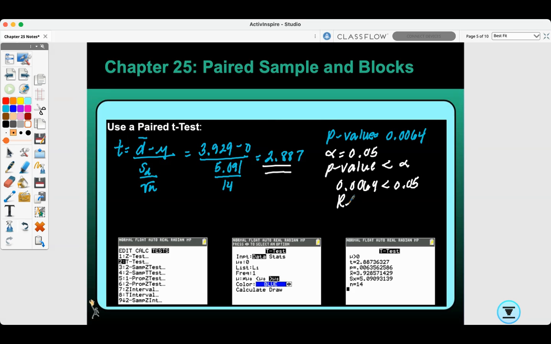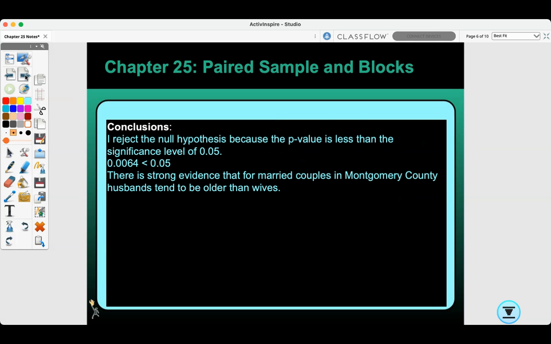So I would reject my null hypothesis. My conclusion would be I reject the null hypothesis because the p-value is less than the significance level of 0.05. You would also state that 0.0064 is less than 0.05. There's strong evidence that for married couples in Montgomery County, husbands tend to be older than wives.